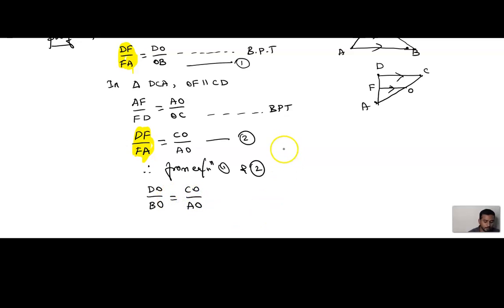Shall we cross multiply now? AO will go up, DO will come down. That happens. AO by BO is equal to CO by DO. Hence proved.